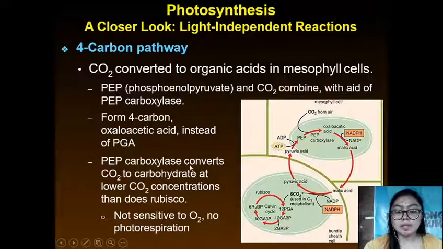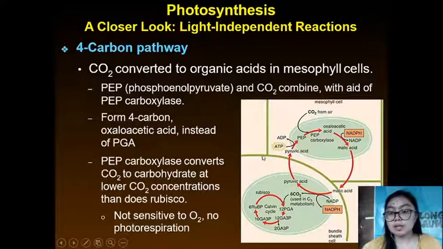PEP carboxylase converts carbon dioxide to carbohydrate at lower carbon dioxide concentration than does rubisco. It is not sensitive to O2, so there is no photorespiration.